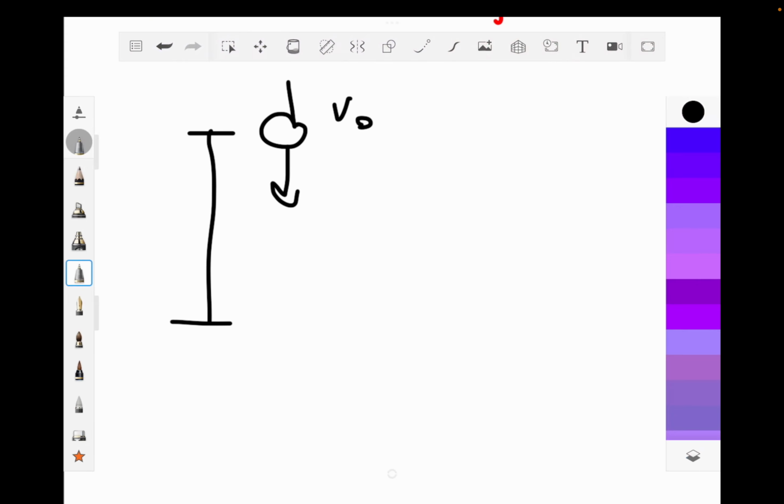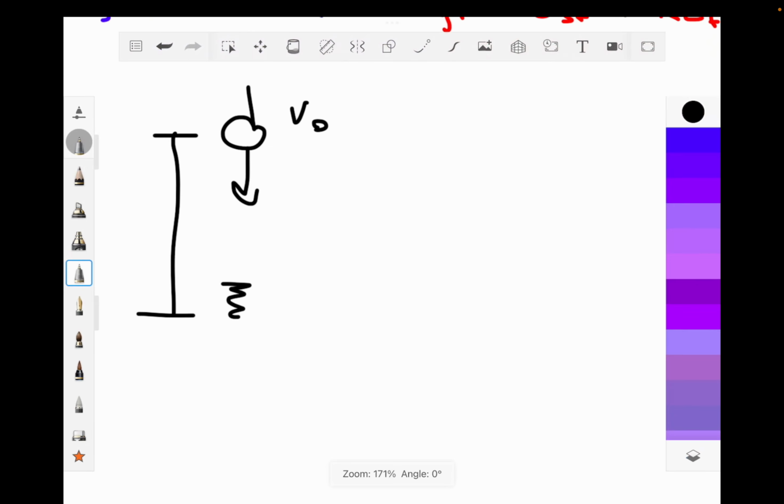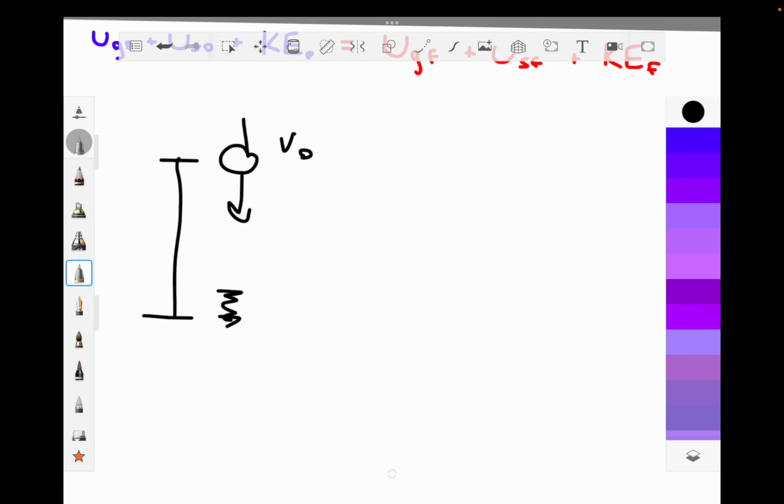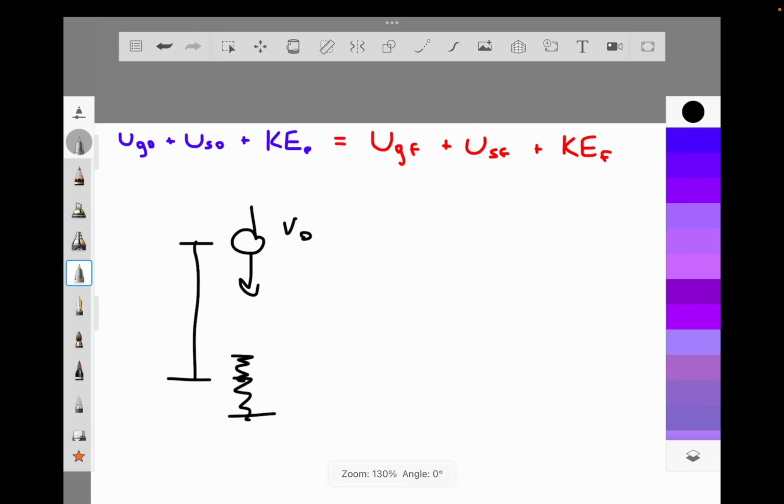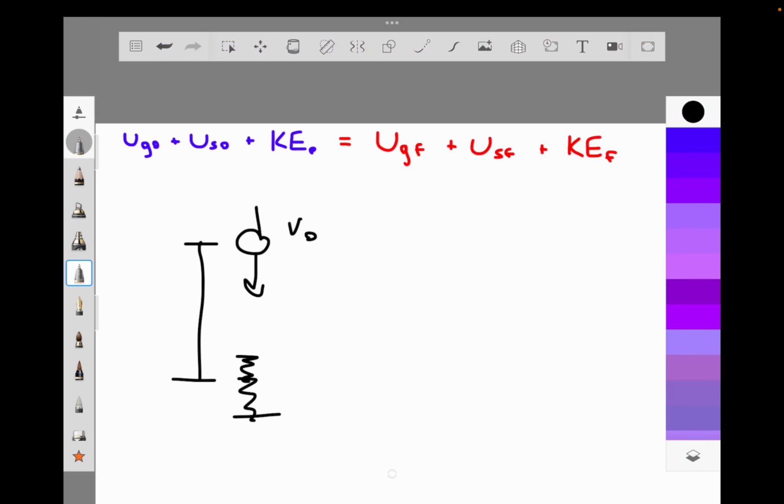Then you could put a really long spring here and ask how far the spring compresses. So there is an initial height, no initial spring energy, and an initial velocity.